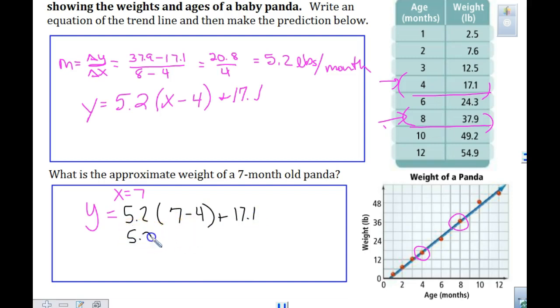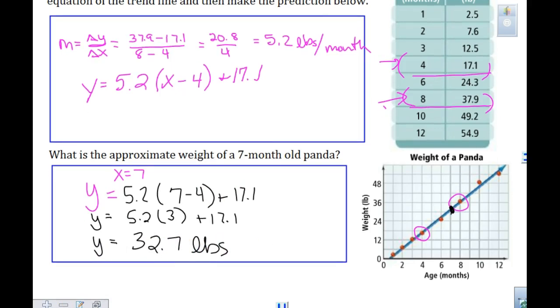That means you're taking 5.2 times 3 plus 17.1. What does it look like for 7? About how much? 30. How many pounds? What do you guys get? At 7 months, our panda now weighs 32.7 pounds. Interpolation or extrapolation?